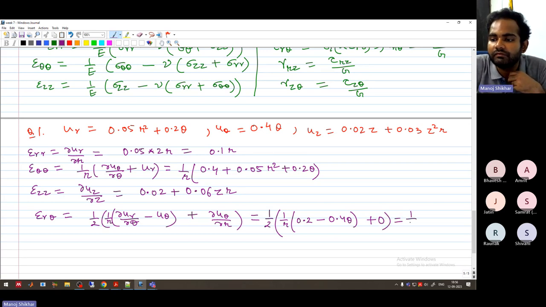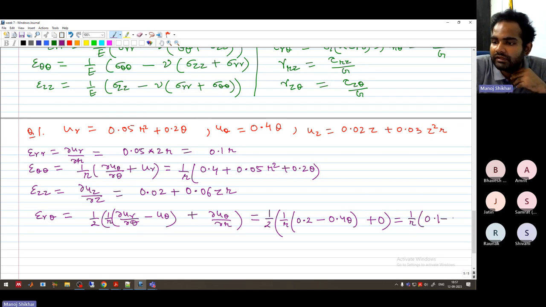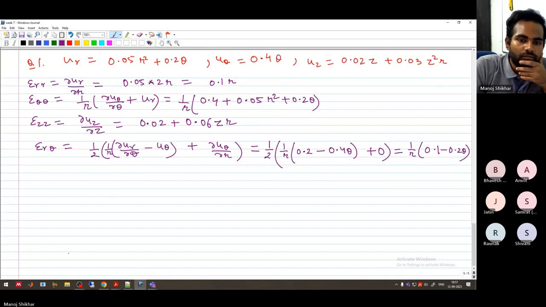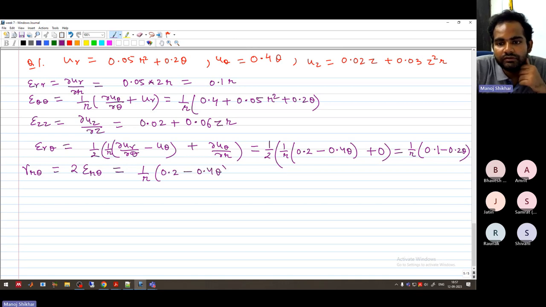So our final will be 1 by 2r into 0.2. Maybe I will divide, because we can cancel 2 here. So 1 by r (0.1 minus 0.2 theta). This is epsilon r theta. Now what will be gamma r theta? This will be 2 times epsilon r theta. So the answer will be 1 by r (0.2 minus 0.4 theta).